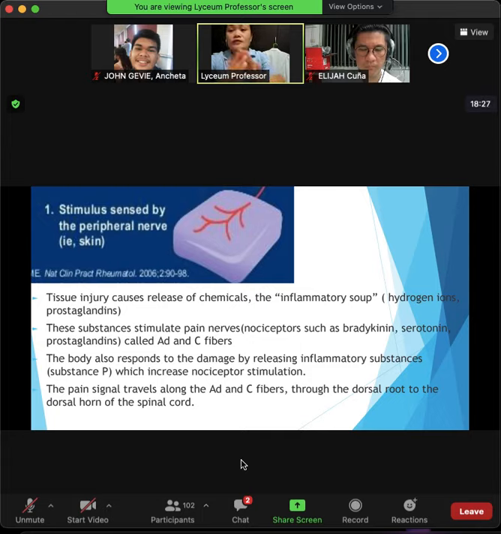Okay, the body also responds to the damage by releasing inflammatory substances such as substance P, which increase nociceptor stimulation. And then the pain signal travels along the A delta and C fibers through the dorsal root to the dorsal horn of the spinal cord. Okay, na-imagine yun.